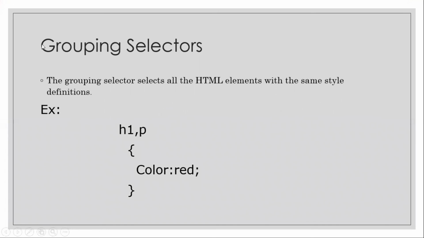Okay. The next selector is the grouping selector. So what is the grouping selector? For example, if there are multiple elements which have the same sort of CSS applied, we can group them together.